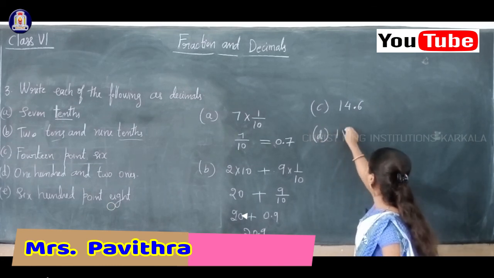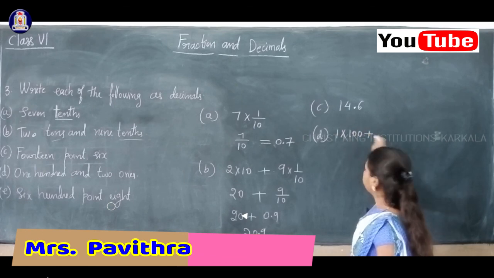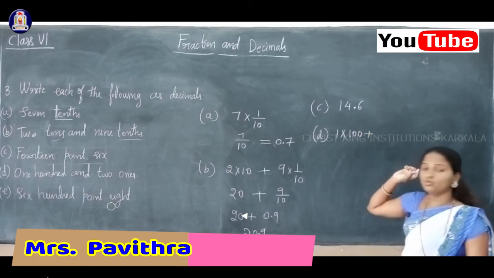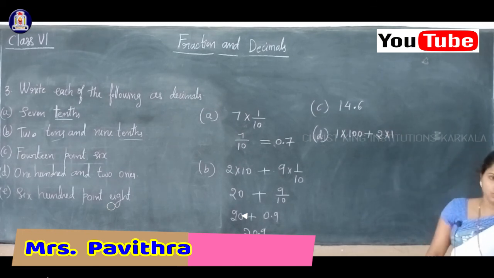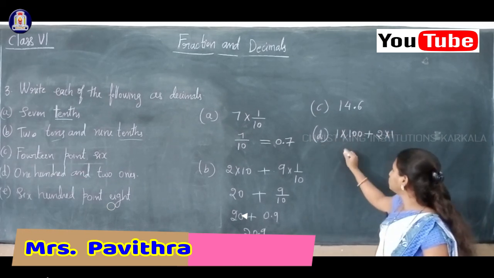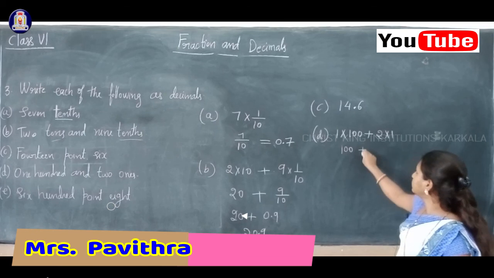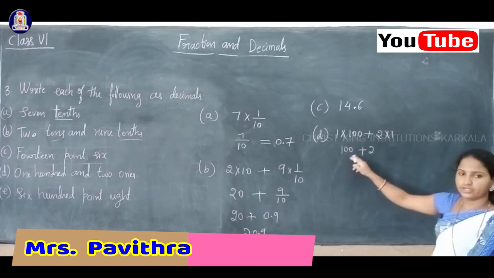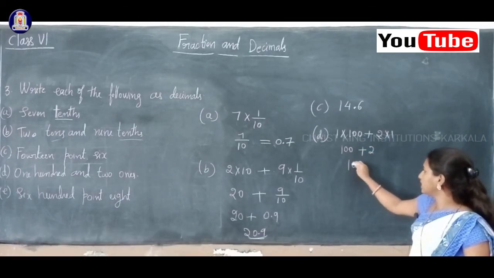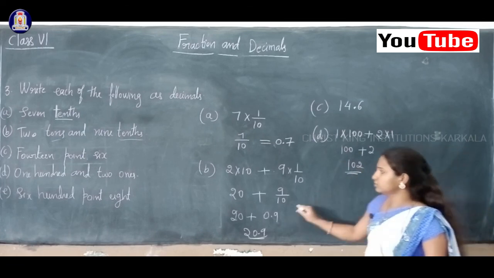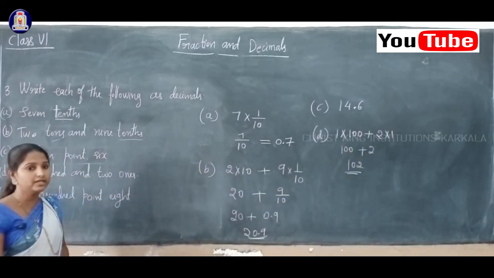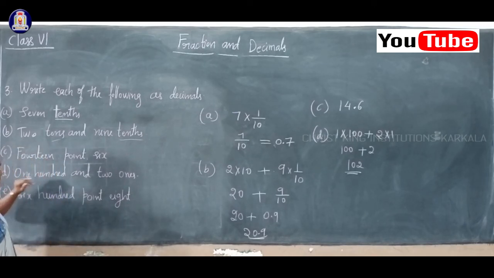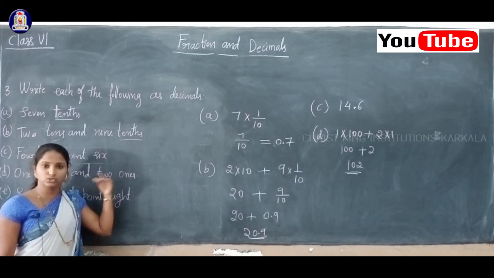How do we write it? 1 into 100 plus 2 ones. 2 ones means 2 into 1. So 1 into 100 is 100, and 2 into 1 is 2. 100 plus 2 is 102. Understood? This is given in words, and you must write it in decimal form.